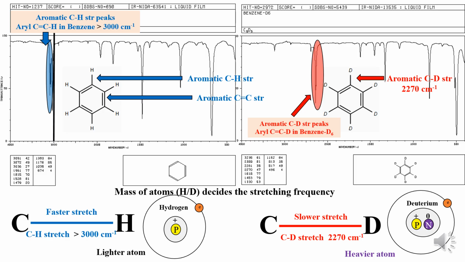So when you compare and contrast the aromatic CH stretch to that of aromatic carbon deuterium stretch, you will find that aromatic CH stretch occurs at wave number greater than 3000 centimeter inverse, while aromatic carbon deuterium stretch occurs at wave number lesser than 3000. So it happens at around 2270 centimeter inverse. So this shift in stretching frequency from 3000 centimeter inverse to 2270 centimeter inverse is due to isotope effect.